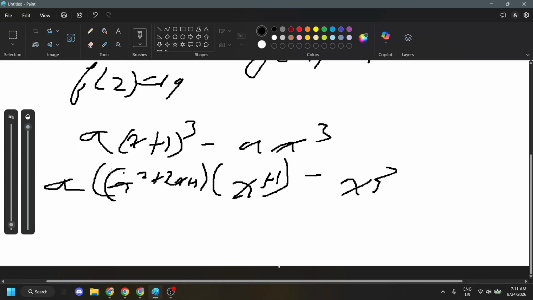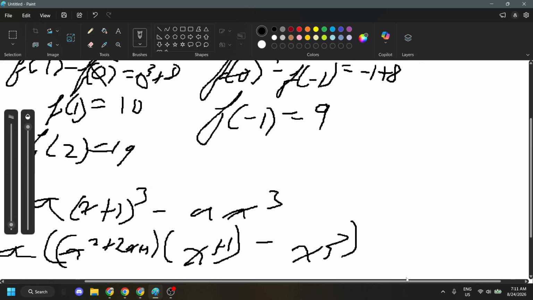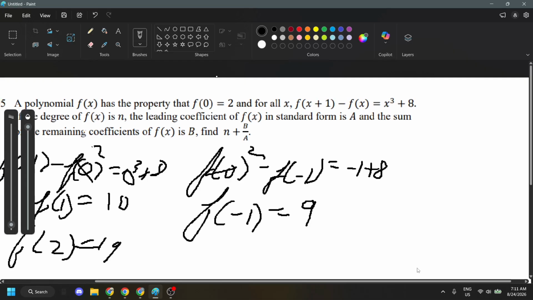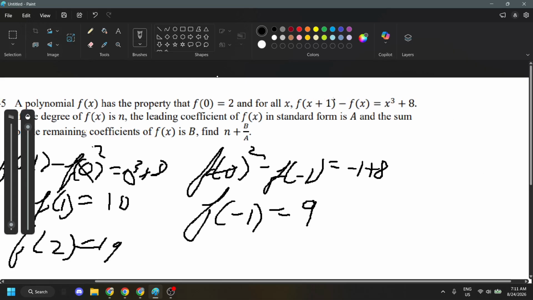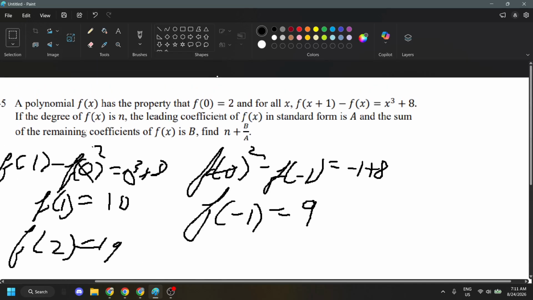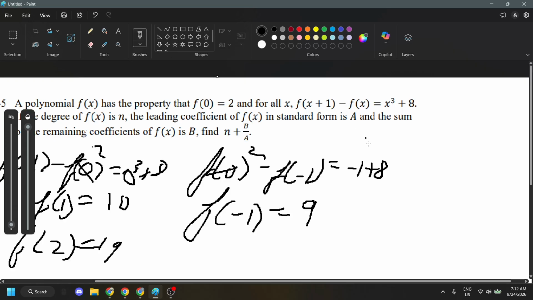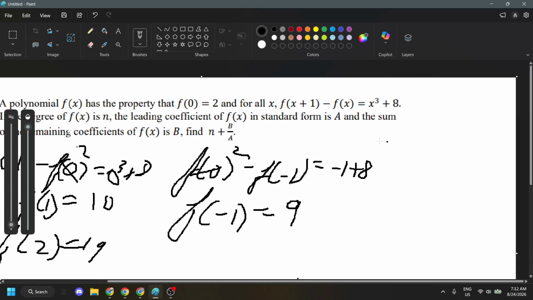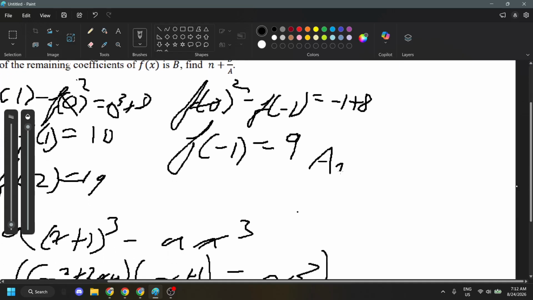So this is only going to give us x cubed of the first degree. So this is going to have to be a quartic function to actually give us x cubed here. So it's going to be a x to the 4 plus bx cubed plus cx squared plus dx plus e.